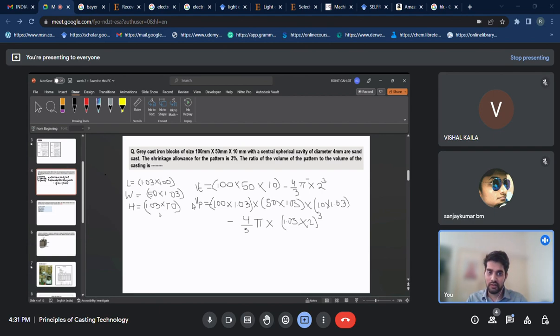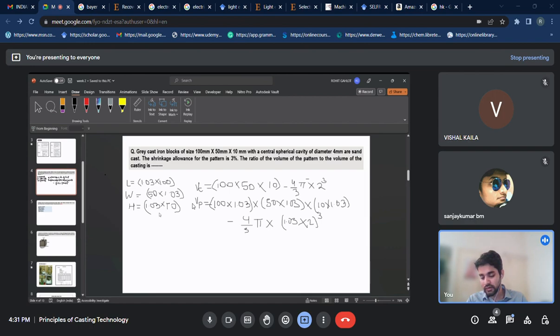We used to calculate the total volume, then subtract the central or outer periphery, right? This is the same thing here. You have a block of these particular dimensions and a central spherical cavity, which is a hollow one.